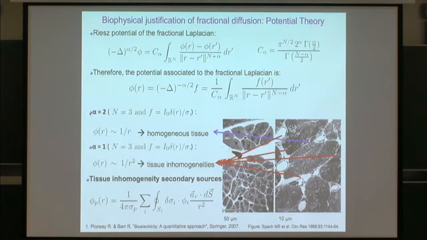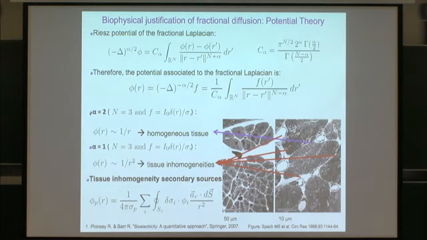You put n equals 3, and if you take the value of alpha equals 2, then this phi would behave like 1 upon r, which is like a monopole. And if you put alpha equals 1, then this phi will behave like 1 upon r squared, which is a dipole.